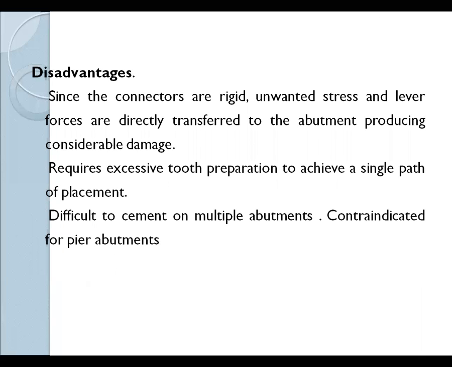The disadvantages are, since the connectors are rigid, unwanted stress and mutual forces are directly transferred to the abutment, producing considerable damage. It requires excessive tooth preparation to achieve a single path of placement and is difficult to cement on multiple abutments. Contraindicated for pier abutments. We will see what a pier abutment is on these slides.